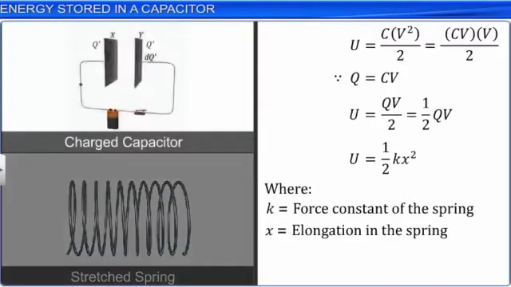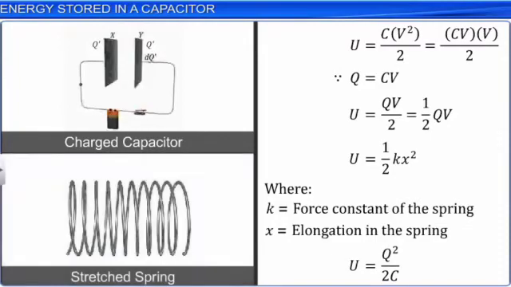Similarly, the capacitor when charged stores electrostatic potential energy U equal to Q squared by 2C. We see that the value of Q is analogous to the elongation x, and the value of 1/C is analogous to the value of the force constant k.